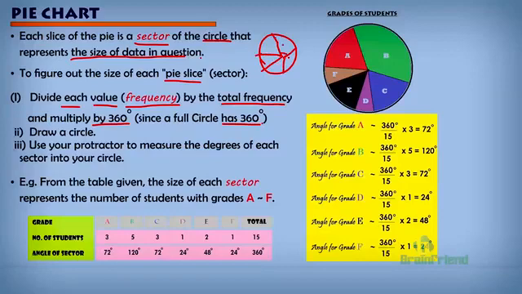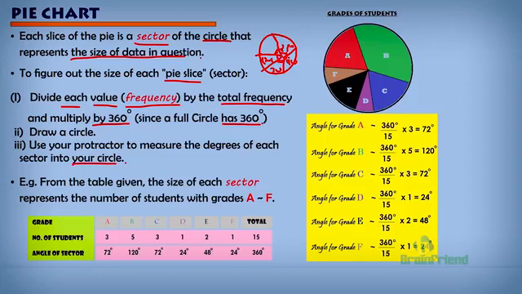This could be 25 degrees, 40 degrees, 30 degrees, 120 degrees, and so on. But whichever way, the sum total of all angles here must be 360. And that's how you go about drawing your sectors on a pie chart.